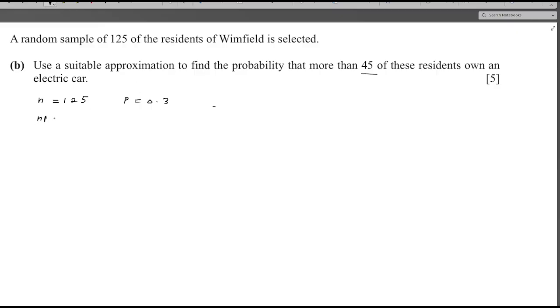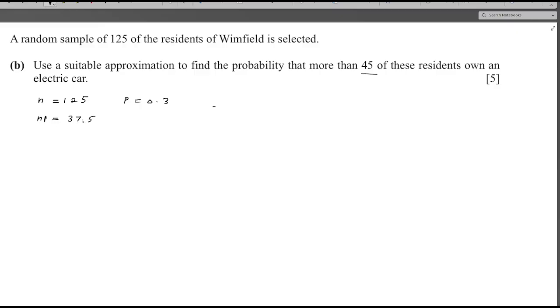Now np is 125 into 0.3. Now when your n is large and the possibility of success is near to 0.5, then in that case the binomial distribution is approximated as a normal distribution with mean.